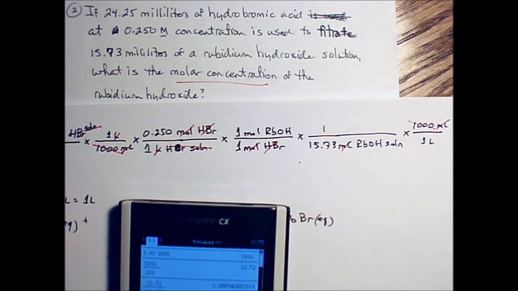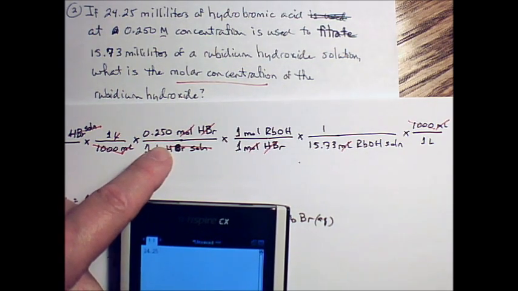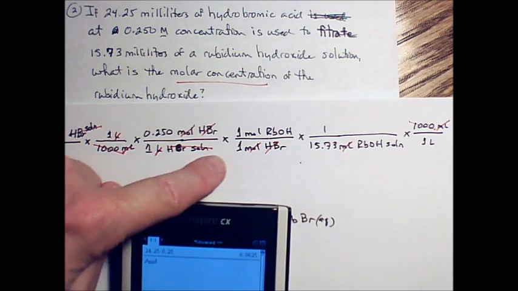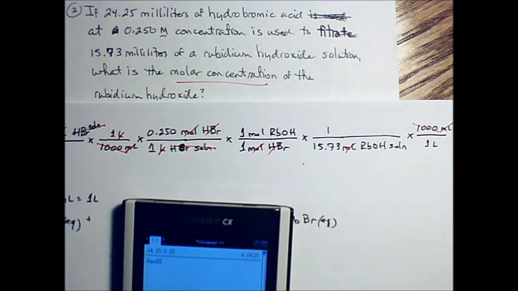And so we've got 24.25 times 0.250, and then enter and divided by 15.73.